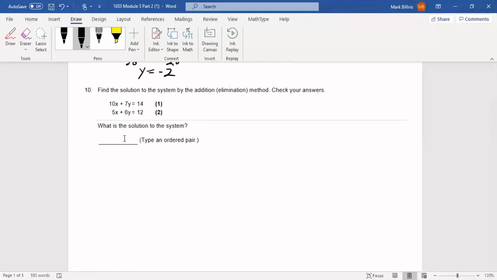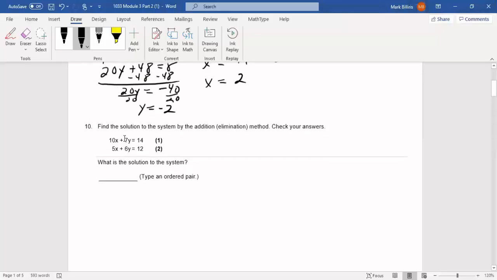So in the addition or elimination method, what we want to do is add the two equations together and eliminate either the x or y variable. So in some instances, we're going to have to multiply one or both equations to make that so, because when we look at these equations, 10 is not opposite of 5, because if I add 10 and 5, that gives me 15.